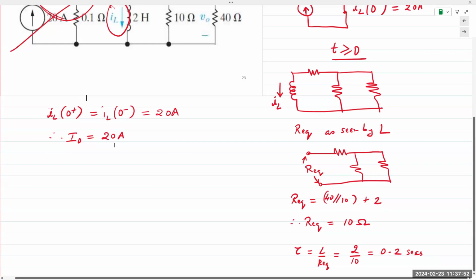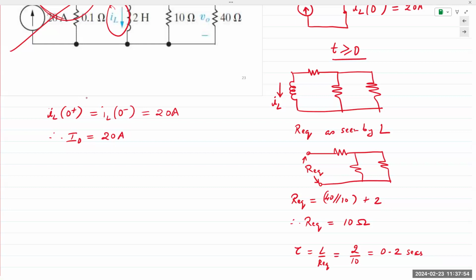One more quantity remains, and that is IF, the final value, which in this case is the natural response circuit. Nothing else is stated. The discharging process is not being interrupted, so it discharges all the way to 0. And so IF is 0 amps.